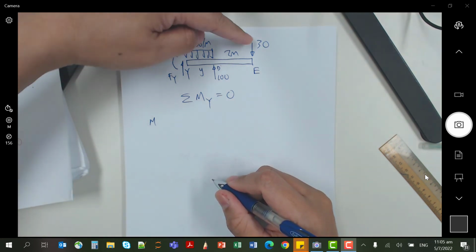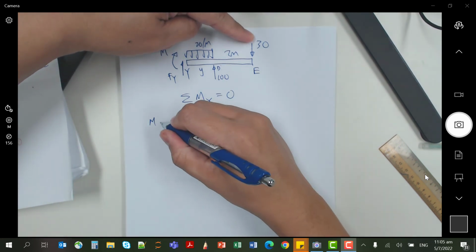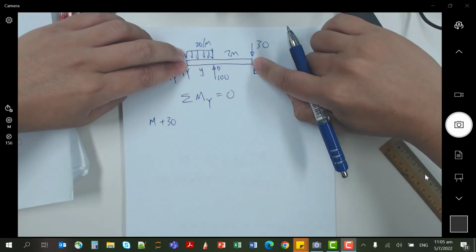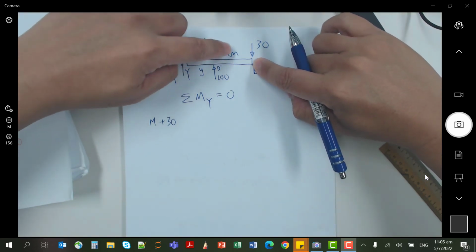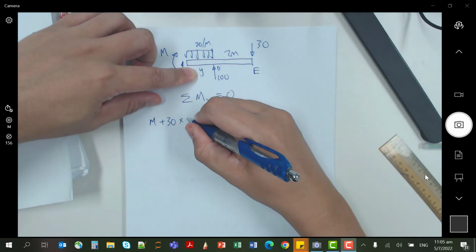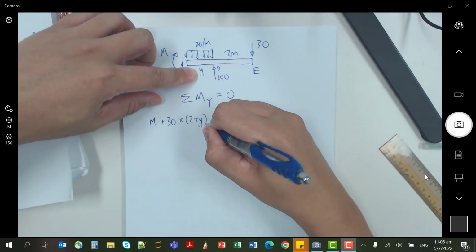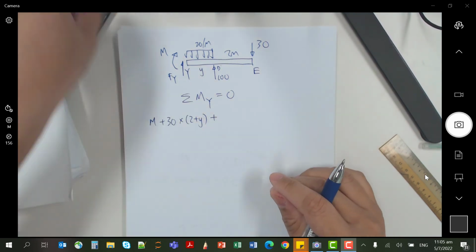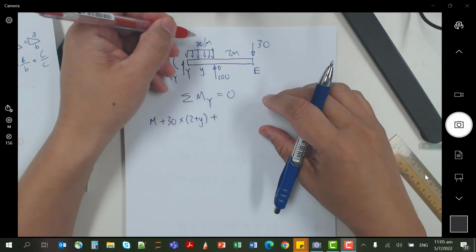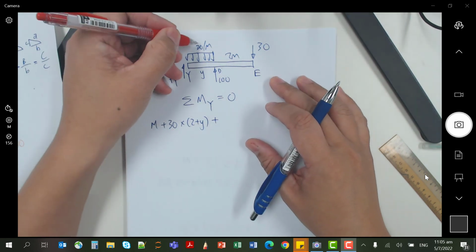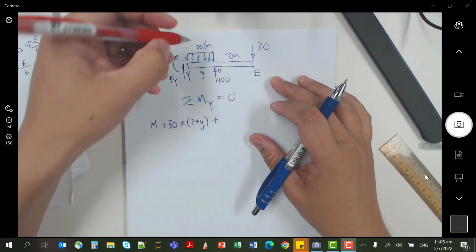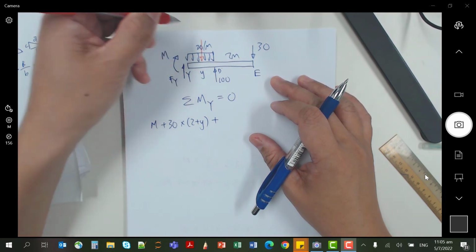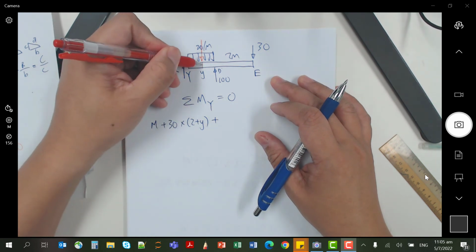Let's look at E first. Positive plus 30. What is the moment arm, the distance? 2 plus y, times 2 plus y. Plus UDL. What moment does it cause? Again, you represent it by one single force acting in the middle of the UDL, acting here.